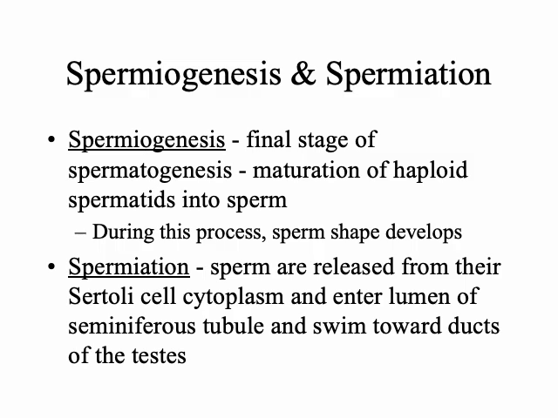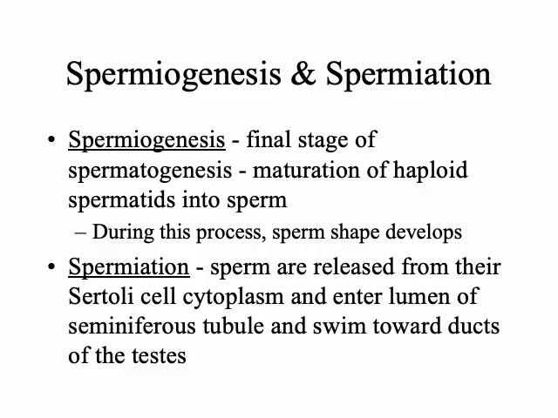All right, just some vocabulary that's kind of frustrating. Spermiogenesis is the last stage of spermatogenesis. So remember, spermatogenesis is basically a spermatid, right? And that's not a sperm. A spermatozoa is a sperm.